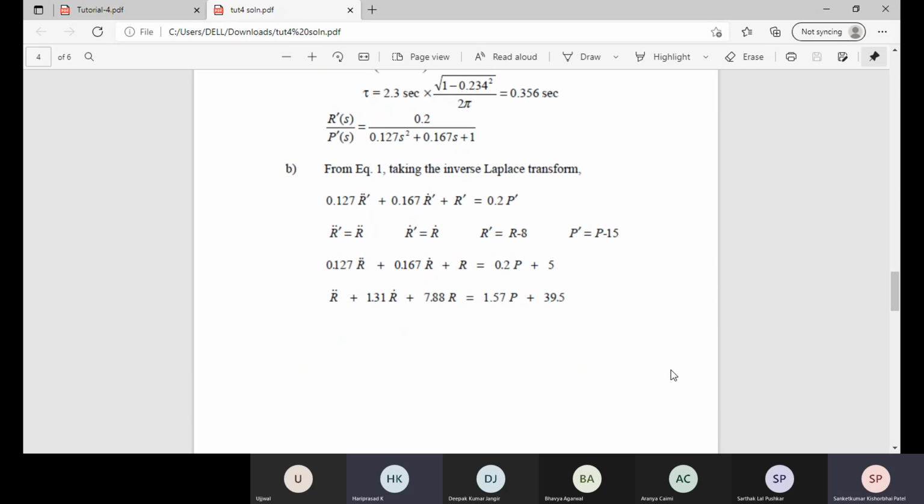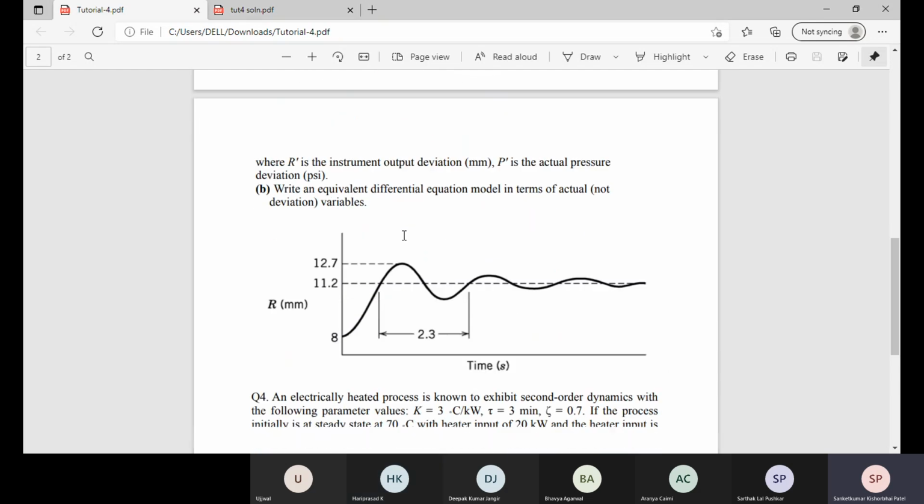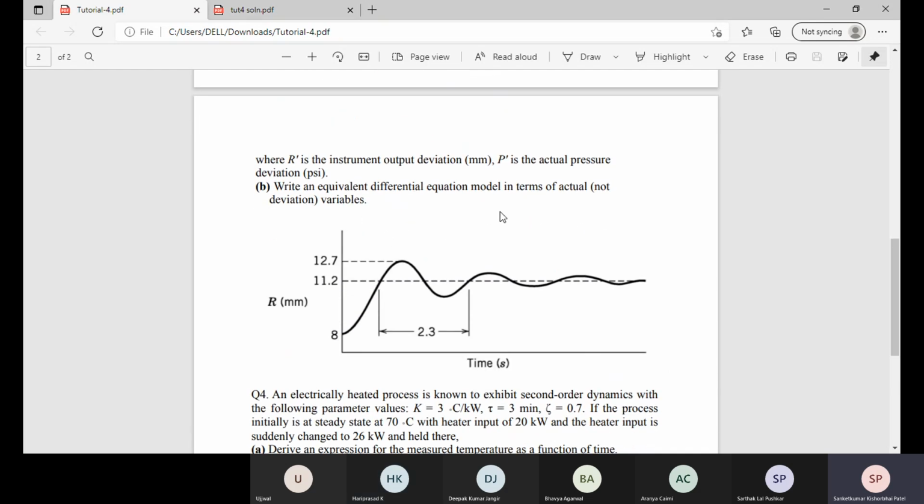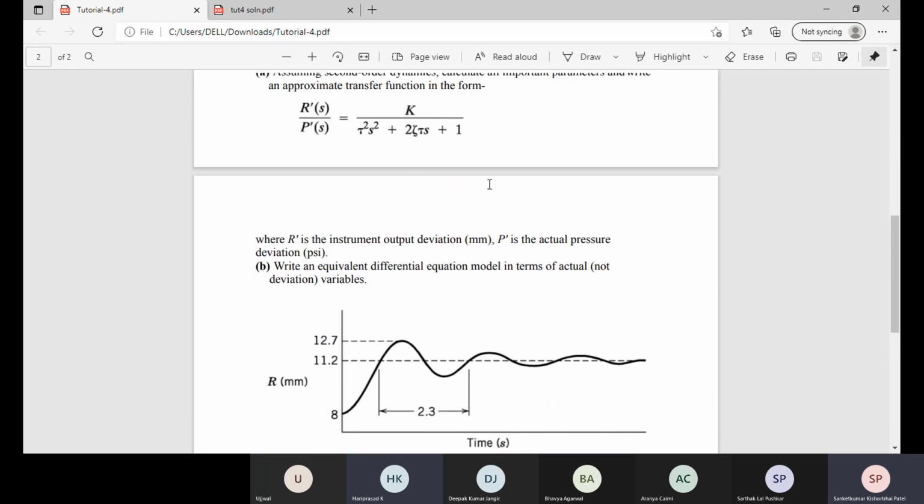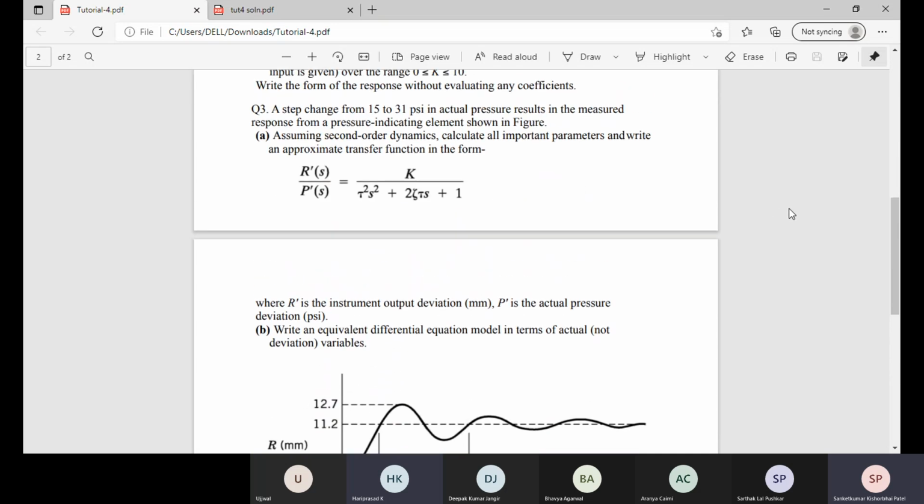So if you look at the question, yeah, go up. Just go up. Yes. So what they are saying, there's a step change from 15 to 31, and the actual pressure results in the measured response. So what is P prime?